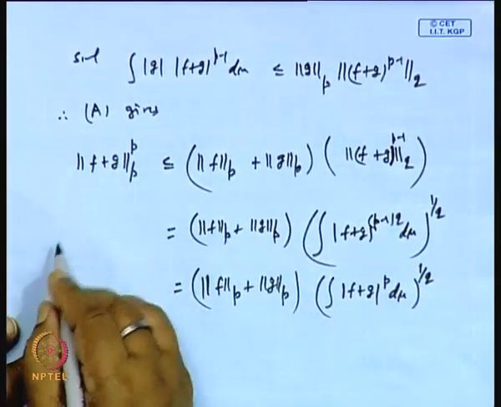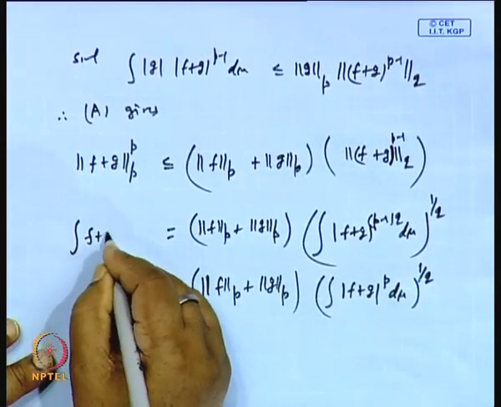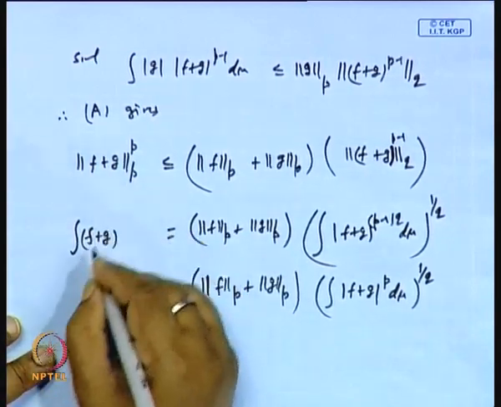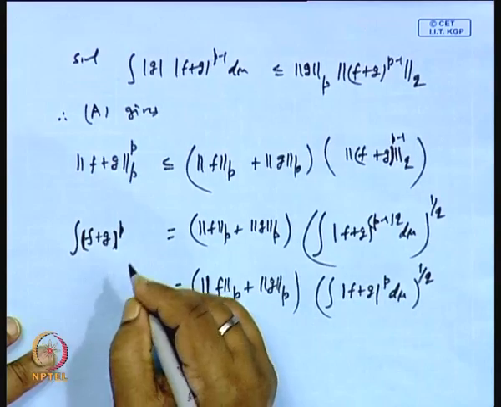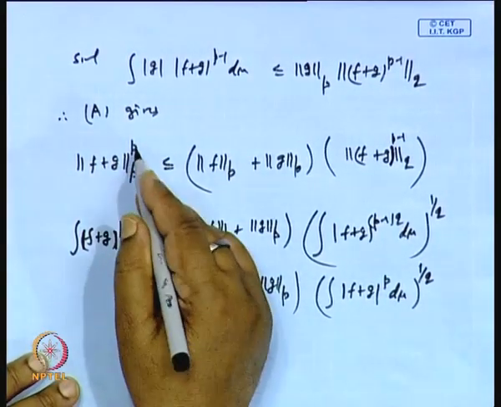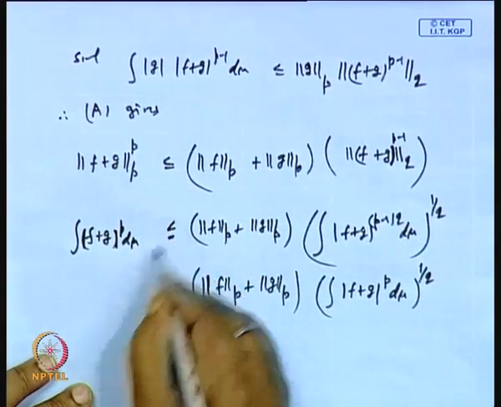And what is this? This is basically the integral of mod f plus g to the power p d mu, that is all, because the power p will get cancelled. So, you are getting this, and this is less than or equal to this.